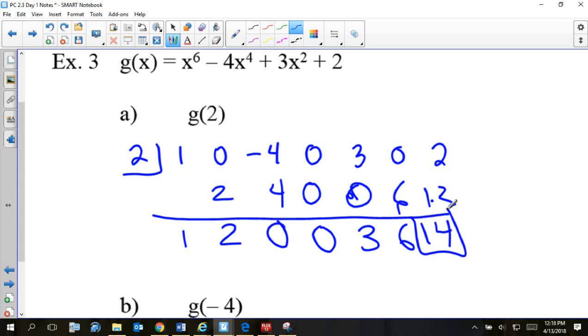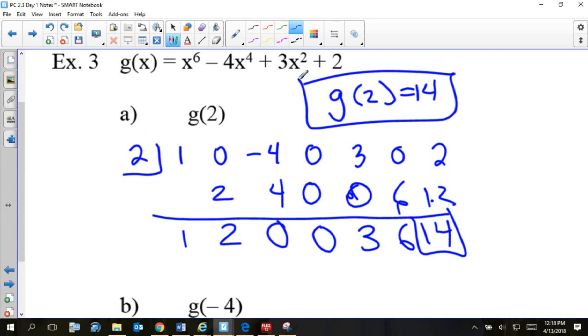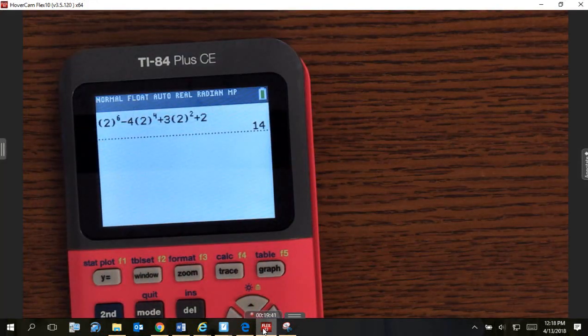And the remainder theorem says, if you want to find g of 2 and you use synthetic division, the remainder is g of 2. So all I have to do is do synthetic division, and g of 2 is 14. I also typed it in my calculator so you could see that if I actually plugged in 2, I got 14. So the remainder is the answer we're looking for.